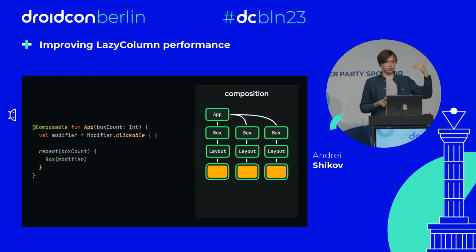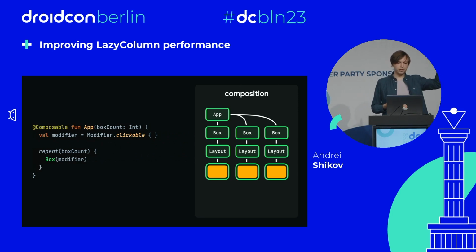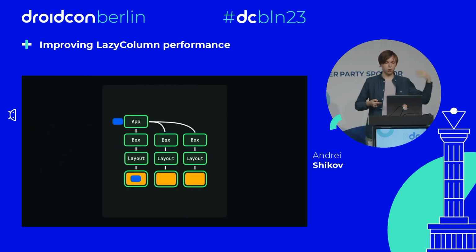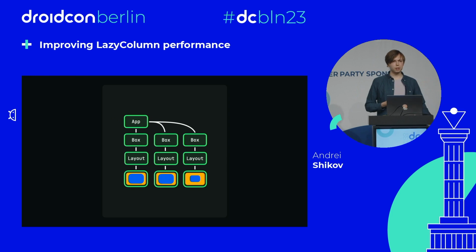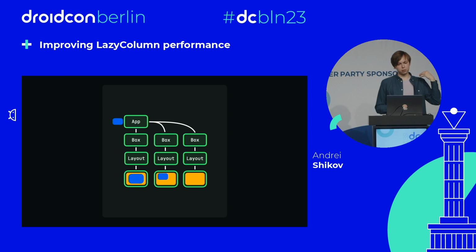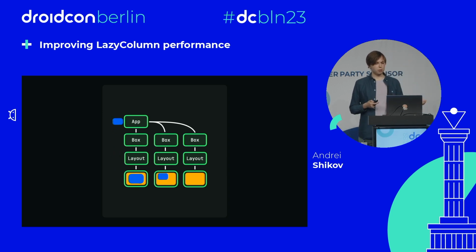So how it works is you have a modifier, you create it once, and then you can repeatedly propagate it to each of the layouts. And they will all create their own instances of that modifier, clickable with its own unique state, ripples, and so on. But the problem comes when you start to update those things, because they're not skippable.